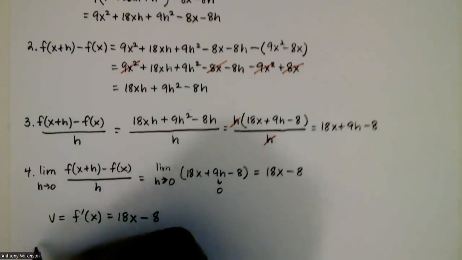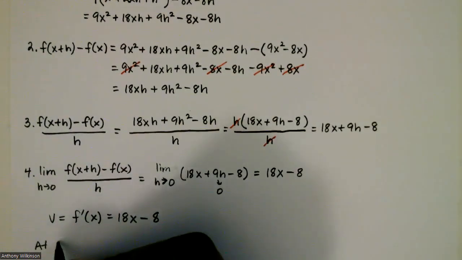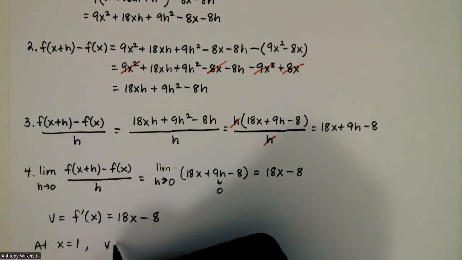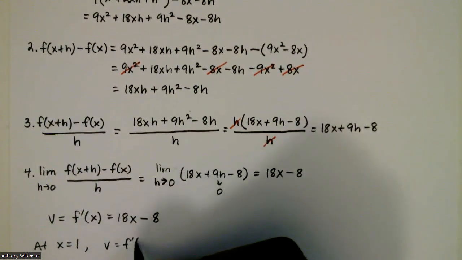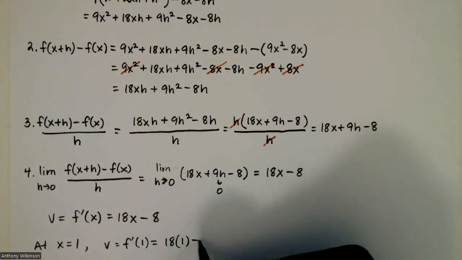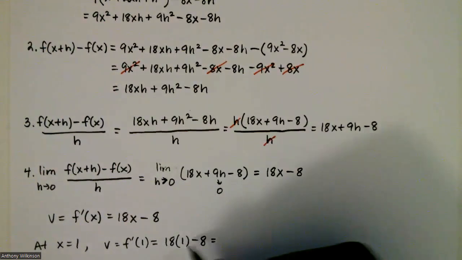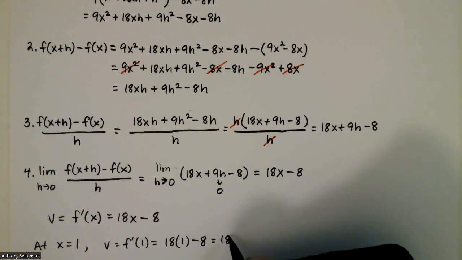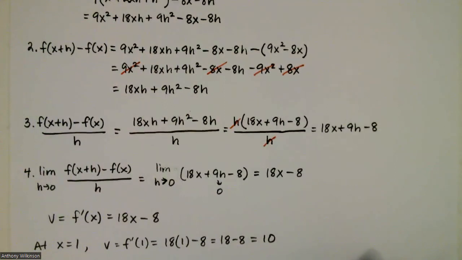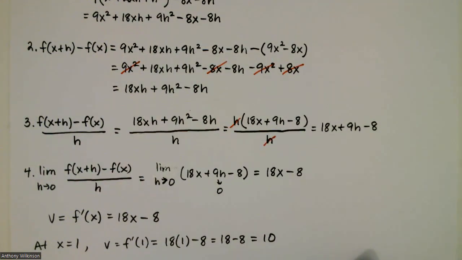So at x equals 1, your velocity, which is f prime of 1, would just simply be 18 times x, which is 1, minus 8. So 18 times 1, which is 18, 18 minus 8 is 10. So your velocity there at time equal 1 will be 10 feet per second.